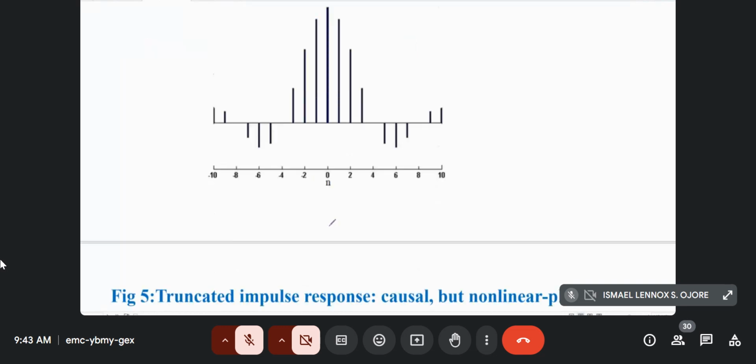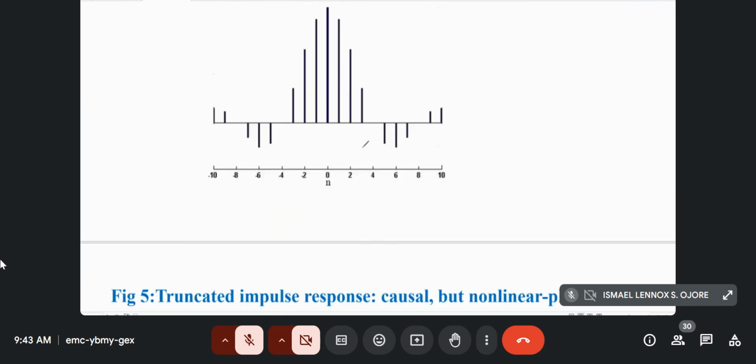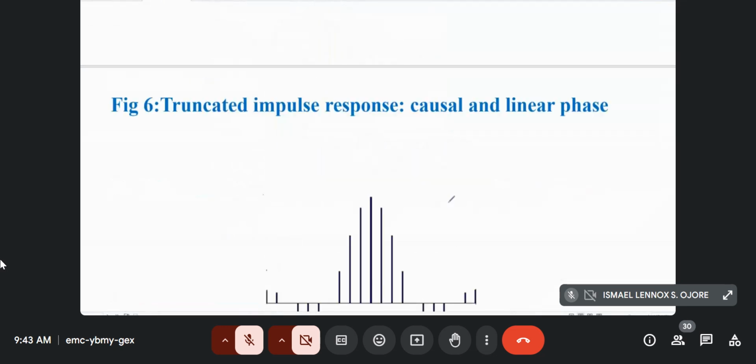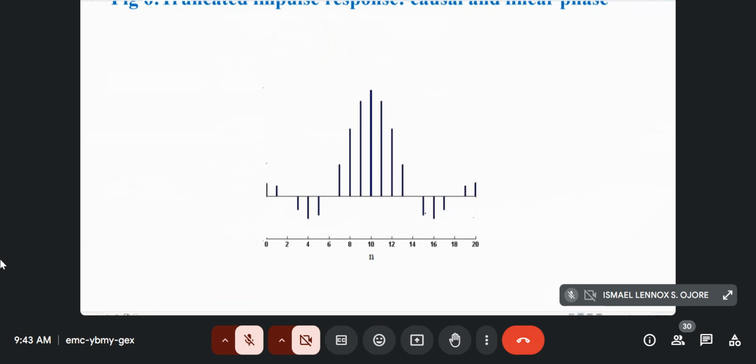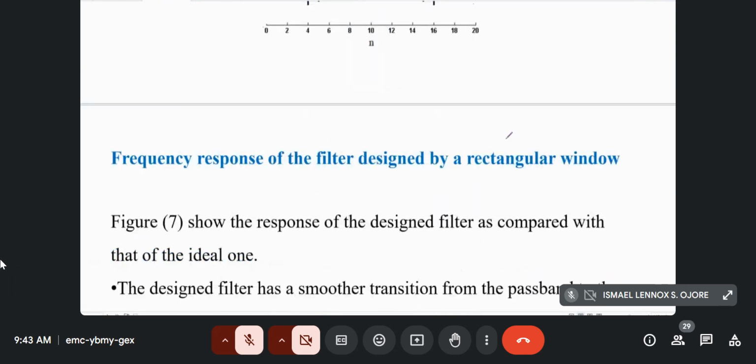So instead of truncating, removing this half to make it causal, what you can do is shift everything to the right. Truncate and shift to the right. That gives us the two requirements: causal and linear phase.